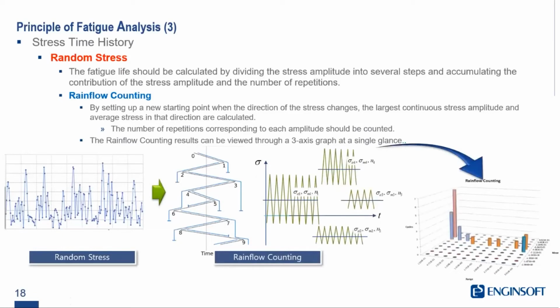So I got ahead of the slides again. Another way to visualize this, and we'll see this later on in the outputs that RecurDyn is able to give you, is a 3D plot to visualize what this rain flow counting is doing. You can see this is mean stress over here, and then the range.